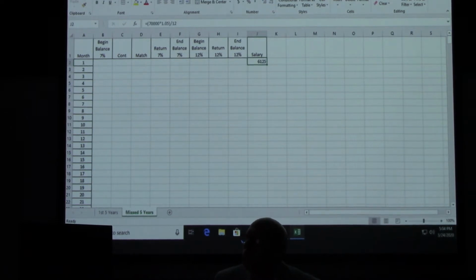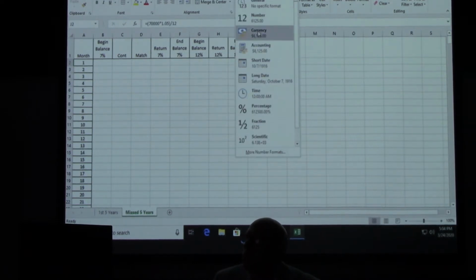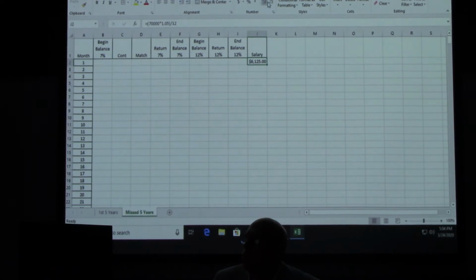Okay. And let's make that a currency. Take 2 off of there, center it, and we're going to have to do that for 12 months.